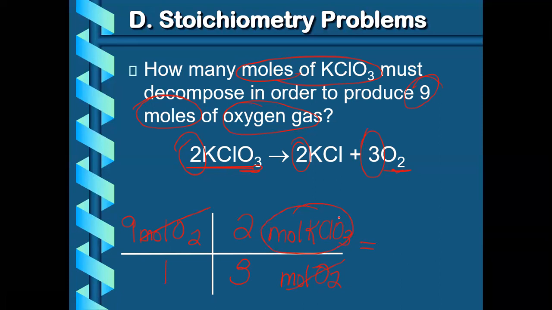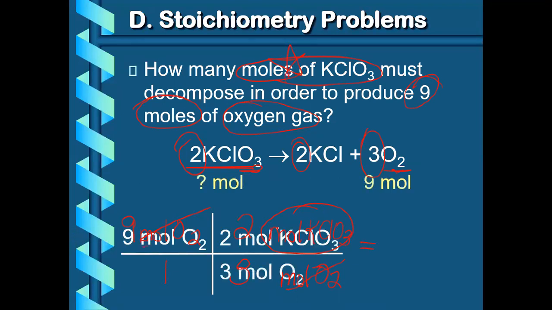The unit that's left over is moles of KClO3. That's what they wanted me to find, so I know my work is done and I just need to do the algebra. 9 times 2 divided by 3. 9 times 2 is 18, divided by 3 gets me 6. Right?